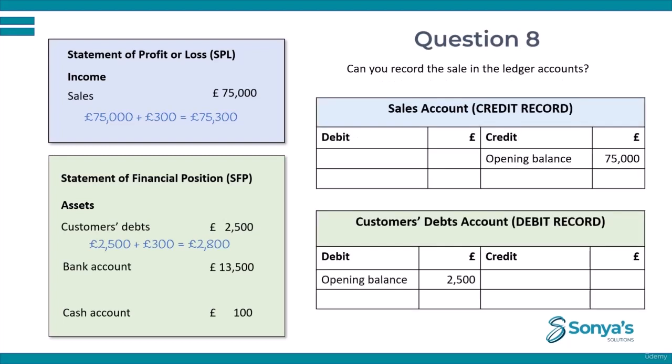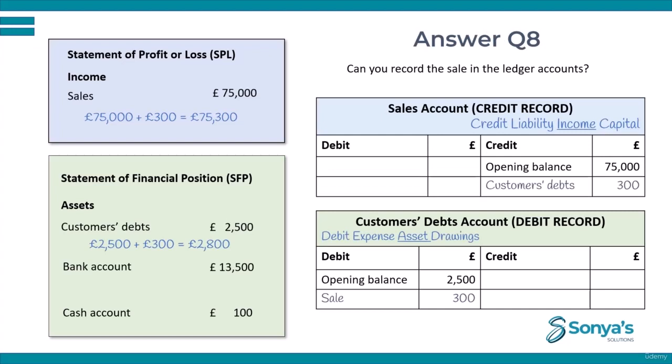Get ready to pause the video to give yourself time to read and answer the question. Did you remember to question what you've done rather than double enter on autopilot?